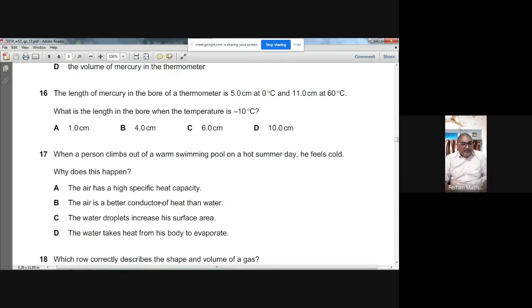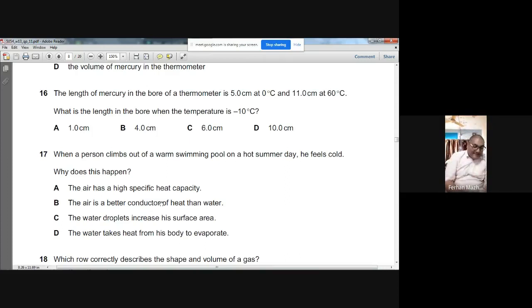You must remember this formula: L3 minus L1 divided by L2 minus L1 is equal to theta 3 minus theta 1 divided by theta 2 minus theta 1. I'm talking about this formula. I hope this is visible, if you can see it on the screen.